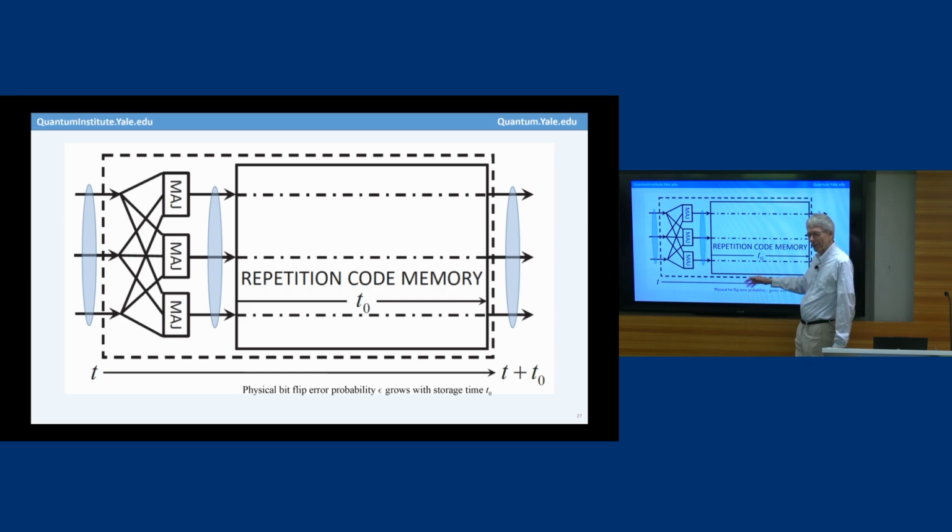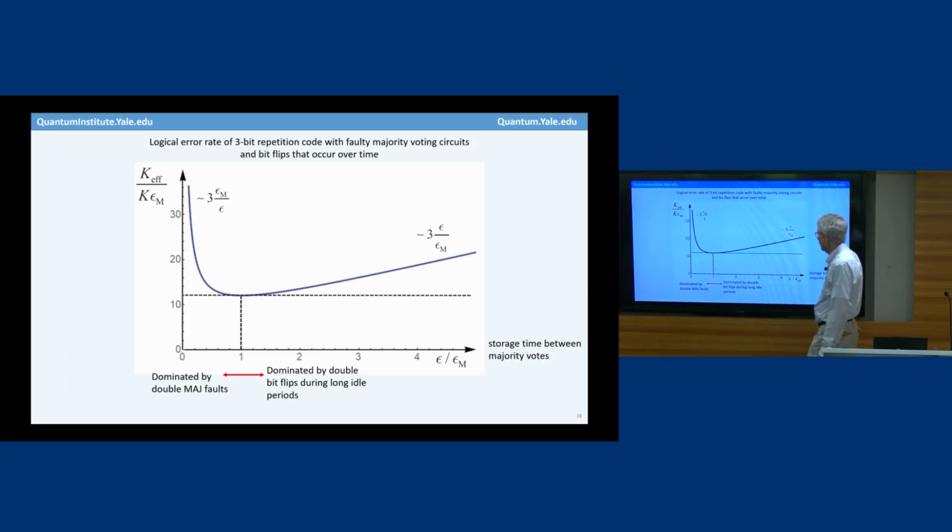It turns out that the optimal length of time to wait to check for errors and correct them, when the correction is good but not perfect, is until the probability of an uncorrectable error here is about the same as the probability of an uncorrectable error in the majority voting segment. So as a function of waiting time, at short times, you're checking so often that most likely you're causing errors by checking and one of your majority voters is messing up.